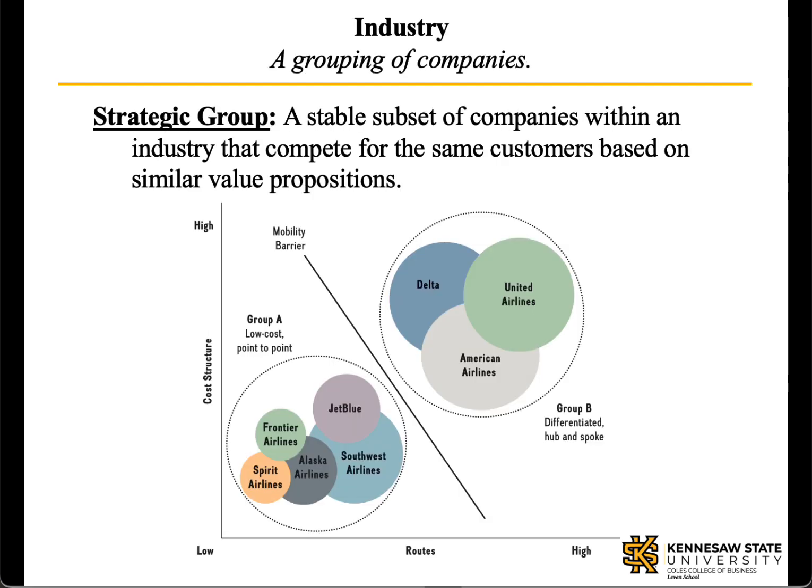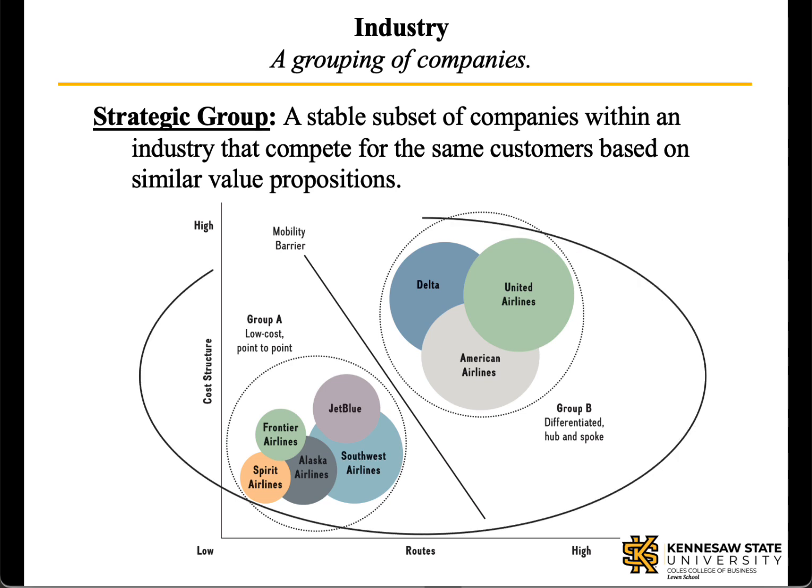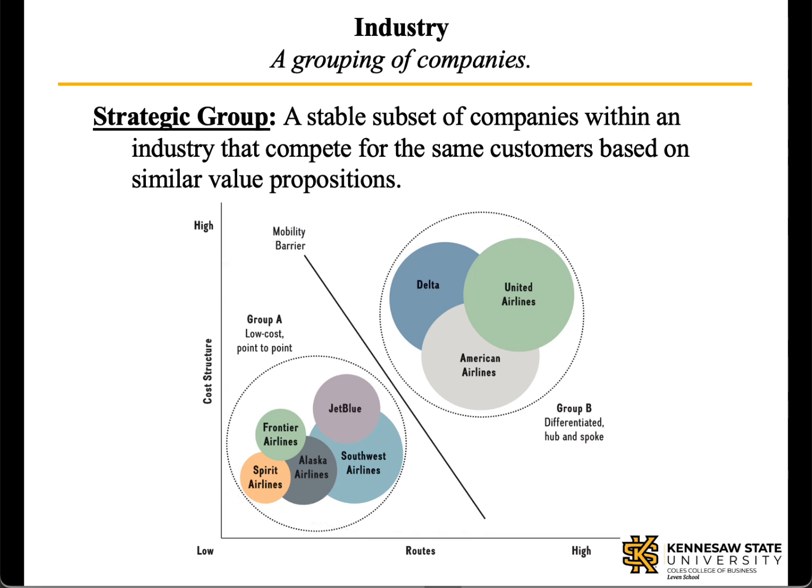As an example of the different ways that a firm can define industry, take a look at Exhibit 3.8 in the text. Notice that the airline industry could be broadly defined to include all of the firms represented on this graphic. Every firm in the exhibit offers air service to travelers. However, the industry can also be broken up into smaller groups by the business model, low-cost point-to-point versus differentiated hub and spoke.